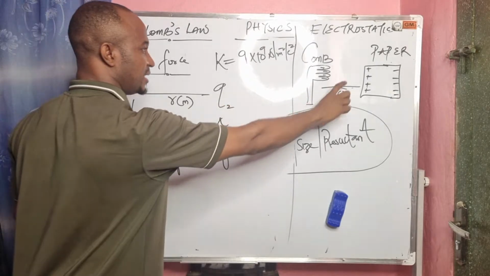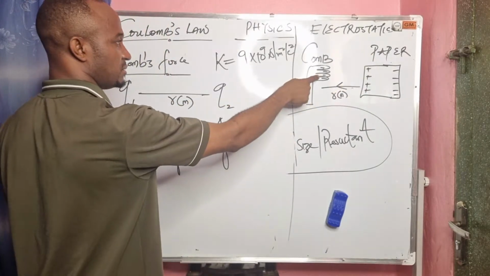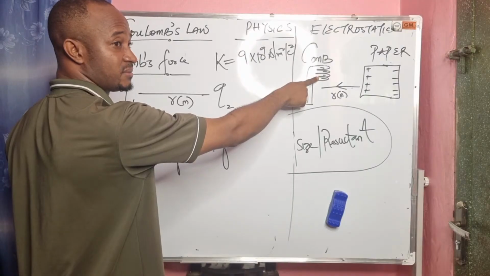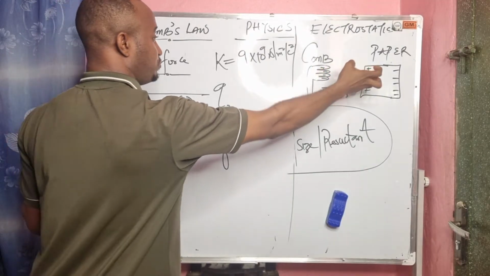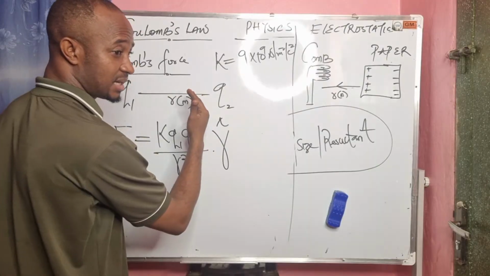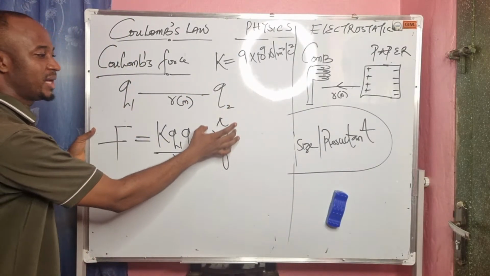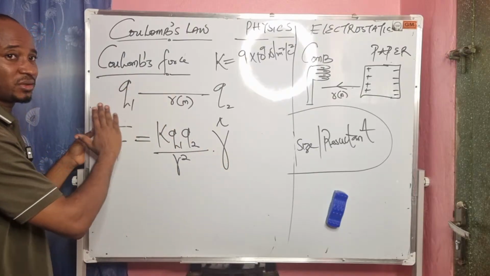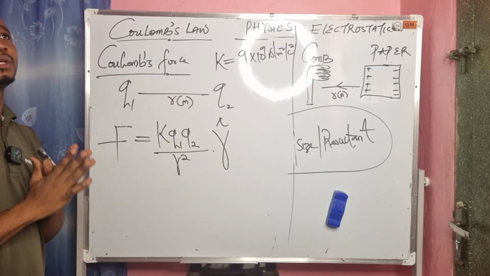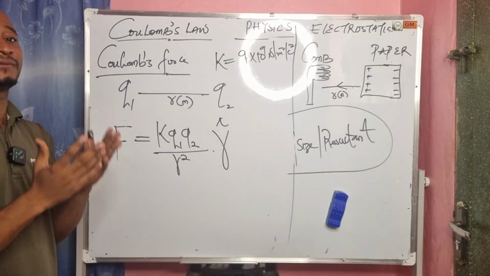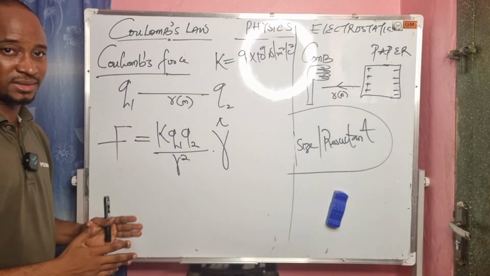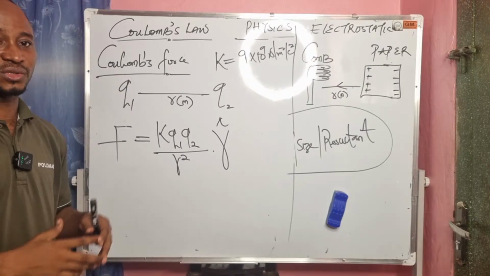For this case here, the force is acting towards the negative charge here, meaning there's a pull towards this end. Is that clear? So this unit vector represents whether the force is acting towards charge 1 or charge 2. They always tell you, find the resultant force on charge 1 or find the resultant force on charge 2.